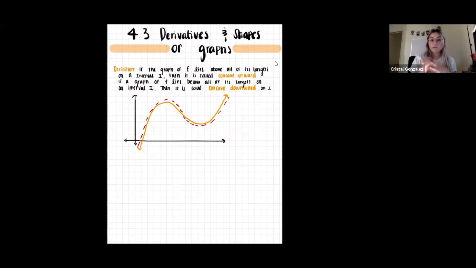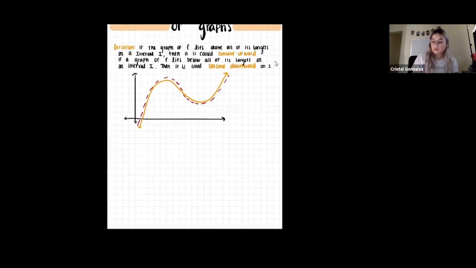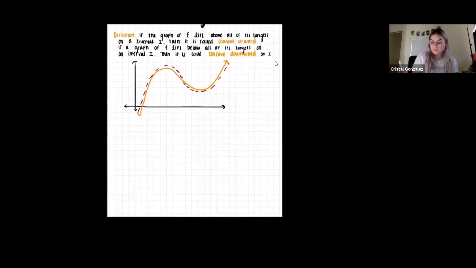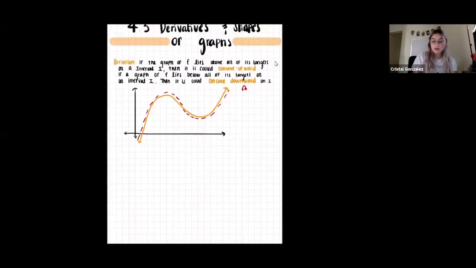The best way to remember this is that concave downward has the shape of basically a sad face. It means that my function is below its tangent lines, and that has to do with the part that's over here.